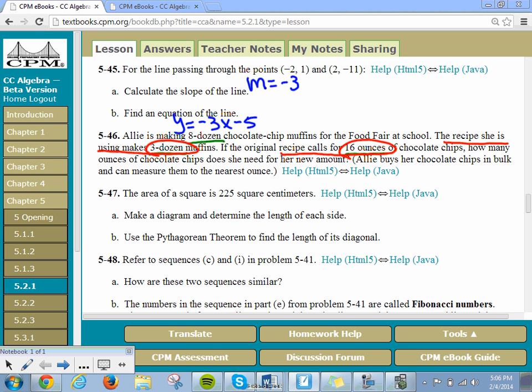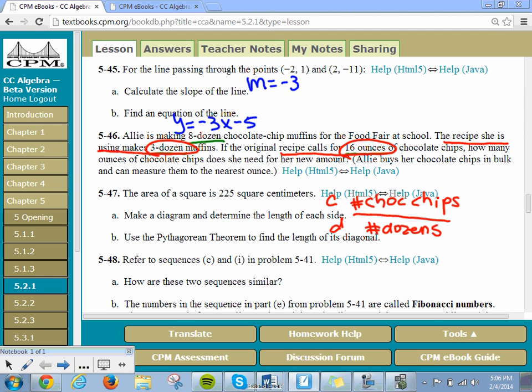So those are the two pieces of information that have to go together. We know that there's a relationship between the amount a recipe can make and how many chocolate chips it calls for. So we're going to say number of chocolate chips and how many dozens. I'm going to call this C and this D.